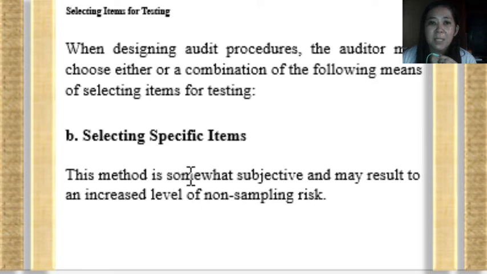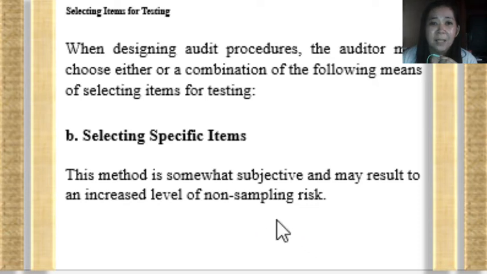Meaning, this is based on the professional judgment of the auditor, and although it is considered to be a valid basis, it is sometimes considered subjective, because in this case, the auditor will just select a portion of the population to test or evaluate. So in that case, it will increase the level of non-sampling risk.